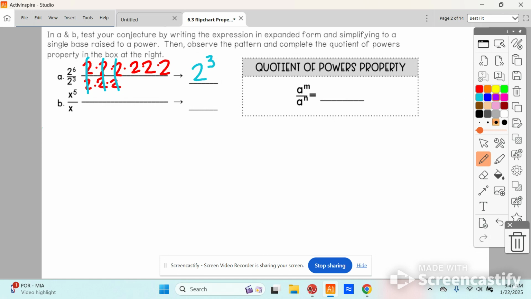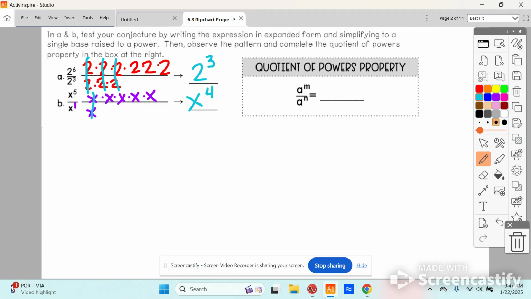With the x's, I have 5 in the numerator, and I have 1 in the denominator, because anytime we don't have an exponent, it's an exponent of 1. Again, I can cancel x divided by x, no matter what x is worth, it's going to be equal to 1. So I end up with 4 x's.